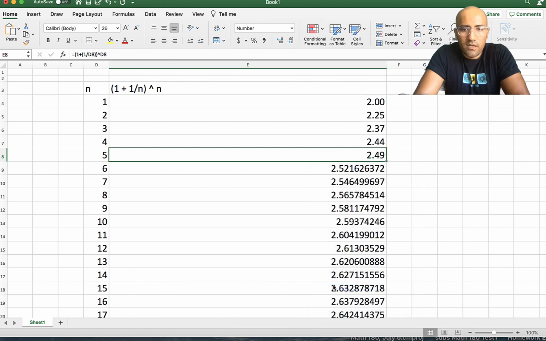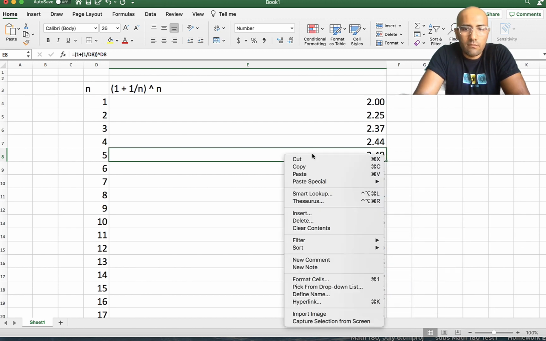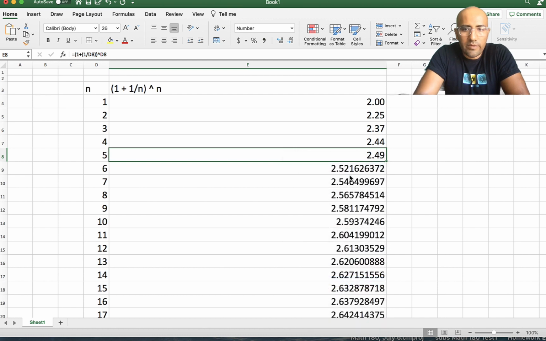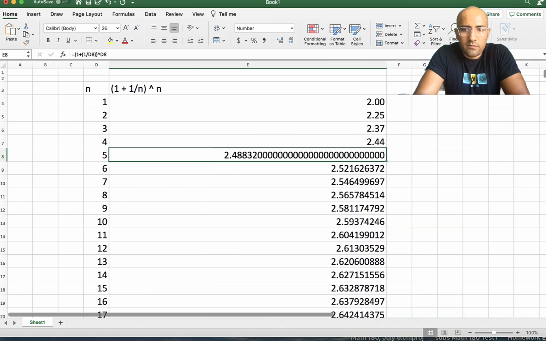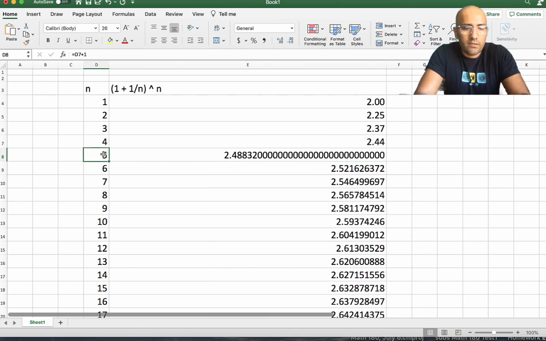On that side. Ah, shoot, that's not what I wanted. On that side. I want it to be a number with 30 decimal places. And let's extend that to here.